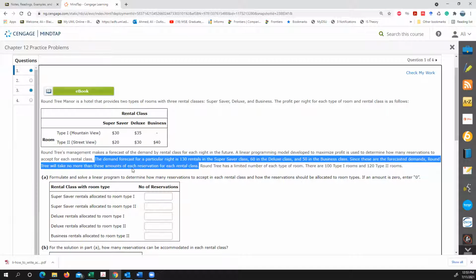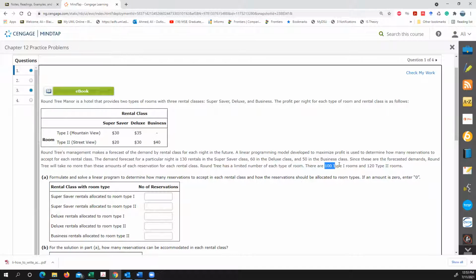The demand cannot go above these numbers. It will always be equal to or less than this number. Also, they know how many room types they have: type 1 has 100 rooms and type 2 has 120 rooms.